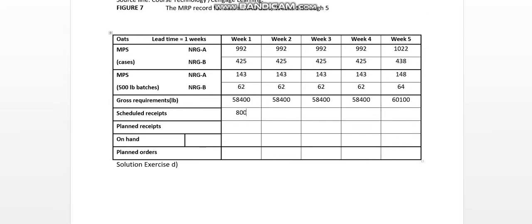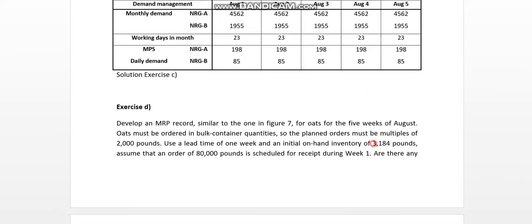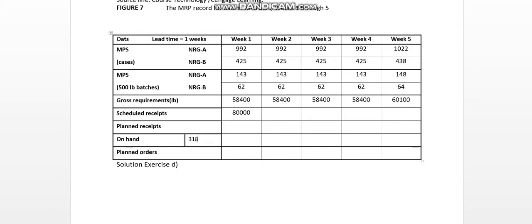So here we set 80,000. For the rest we don't receive anything because there's only one time 80,000 quantity from the previous month. And in our hand we have, it said, 3,184.